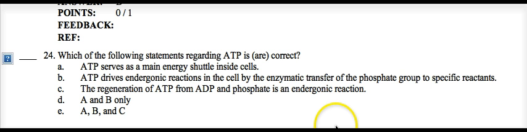Well, for that one, I've got to know a bunch of this vocab, and I definitely have to know what endergonic means. I'm going to have to return to that one. The regeneration of ATP from ADP and phosphate is an endergonic reaction. There's endergonic again. Let's see if I can find out what endergonic means first.